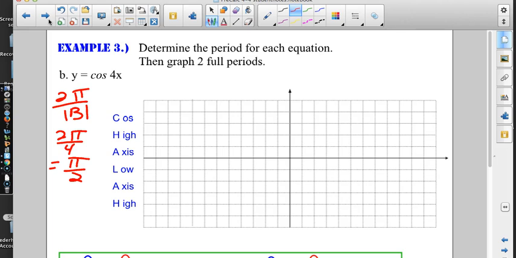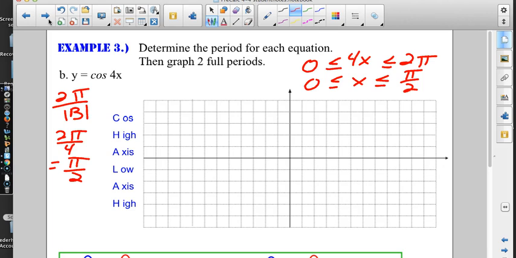So now I do it this way and say, for graphing purposes, I know that cosine is still 0 to 2 pi for the period. But now I have this 4x in here. Divide everything by 4. You shouldn't be shocked that we get the same thing.